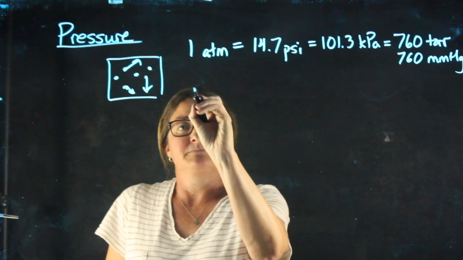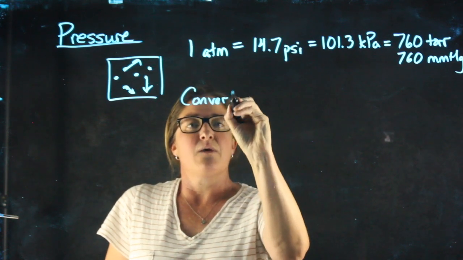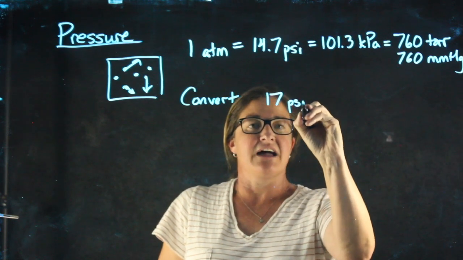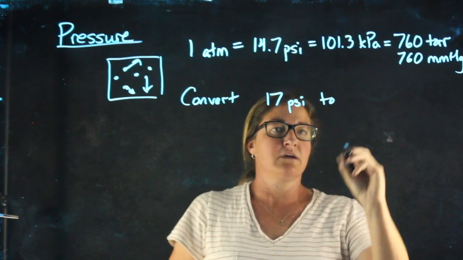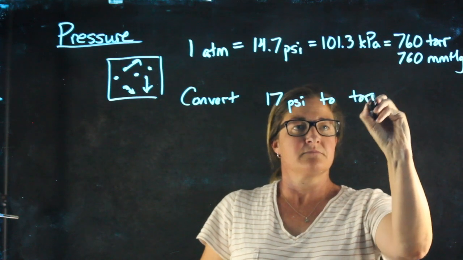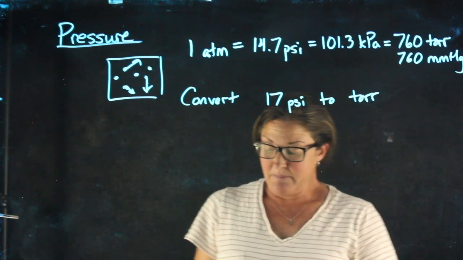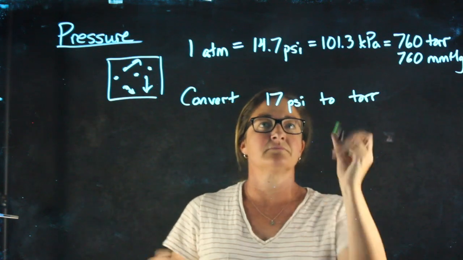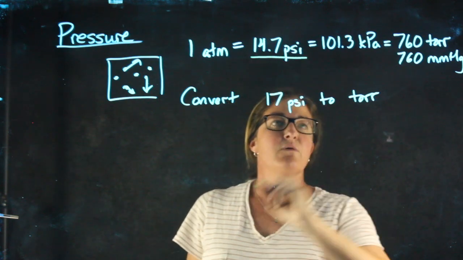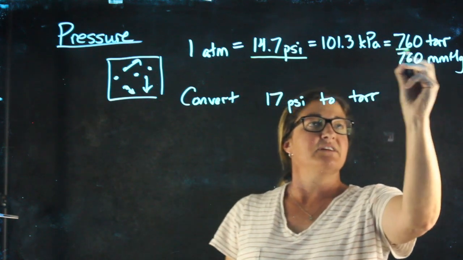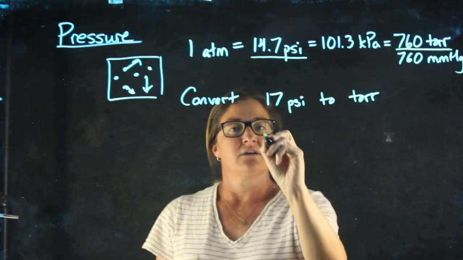So for example, let's say I want to convert 17 psi to torr. I'm going to do this by setting up a proportion. I need to know that 14.7 psi is equivalent to 760 torr.